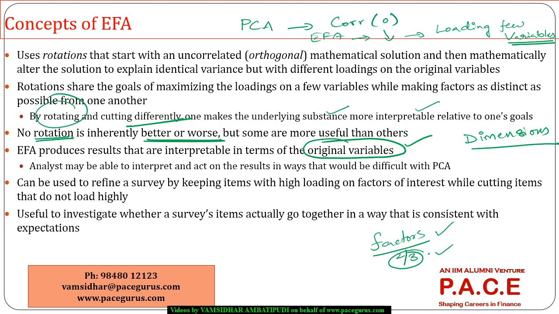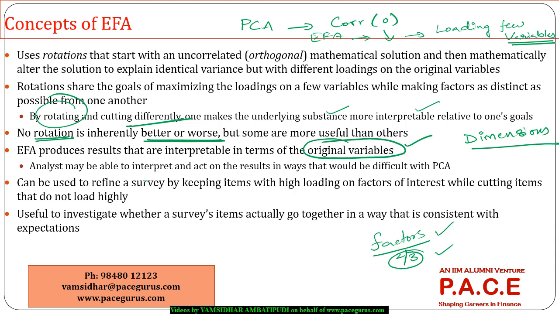So I can very well interpret any result in terms of the original variables. But that would be very difficult in principal component analysis. So EFA is comparatively easier to interpret from a business decision-making perspective compared to PCA.